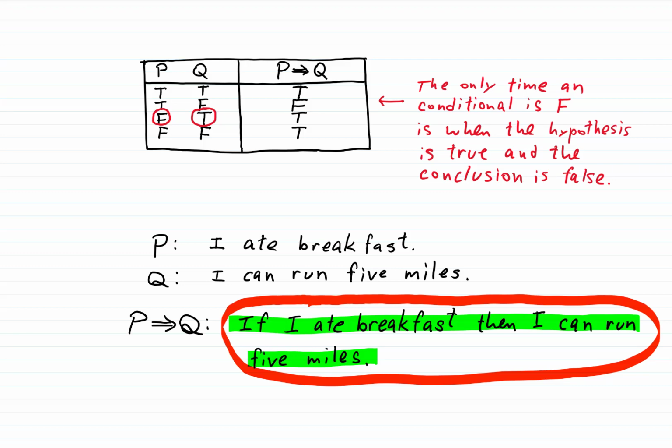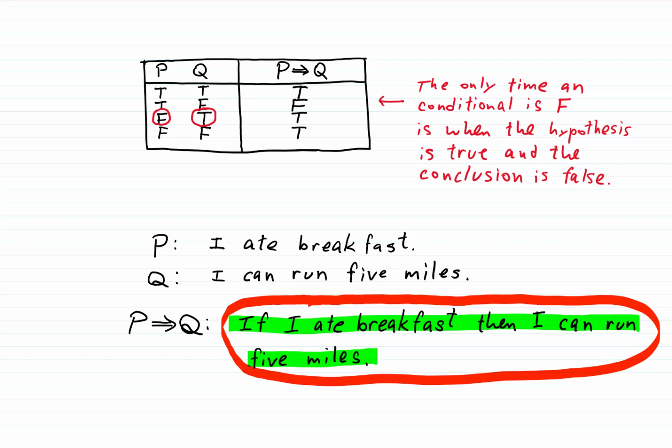The sentence only tells you a claim of what would happen if I did eat breakfast. It makes no claims at all about what will happen if I did not eat breakfast. It makes no claims at all about that situation. So you certainly can't say that that statement is false in a situation that the statement makes no claims about.